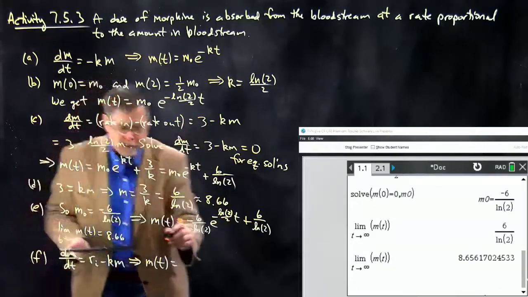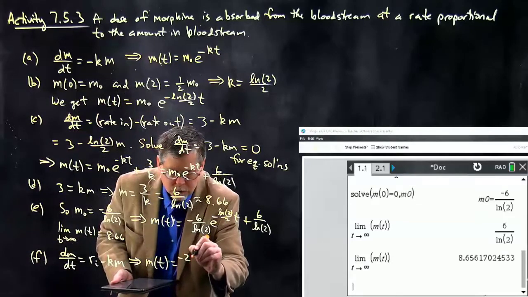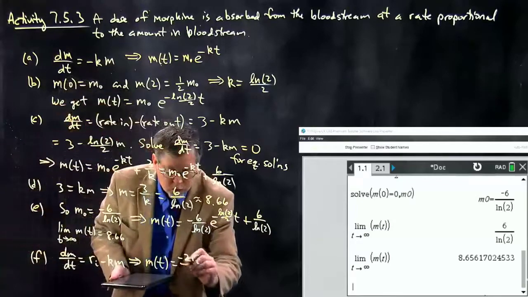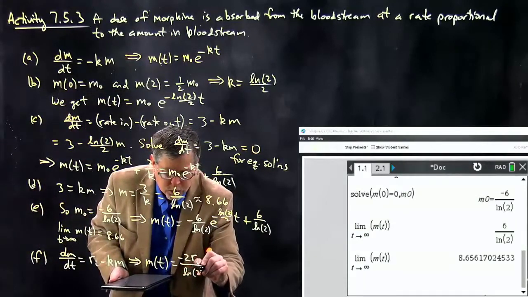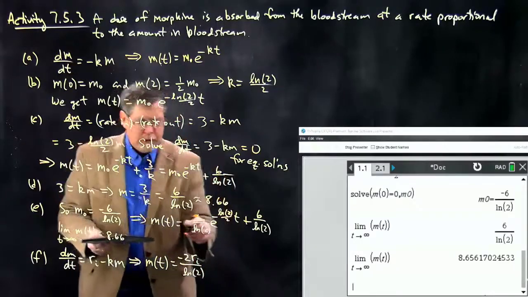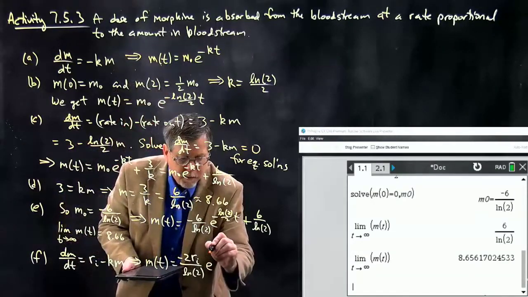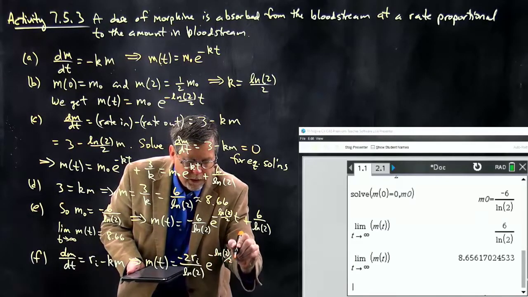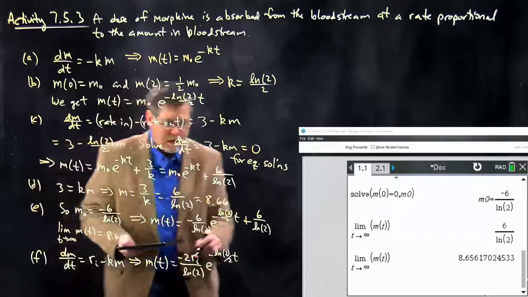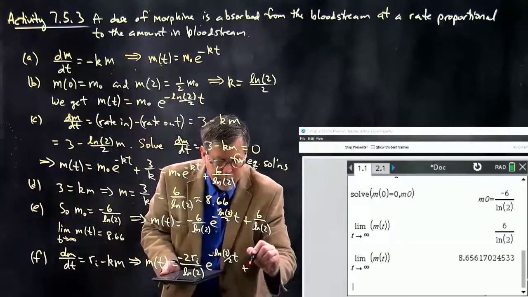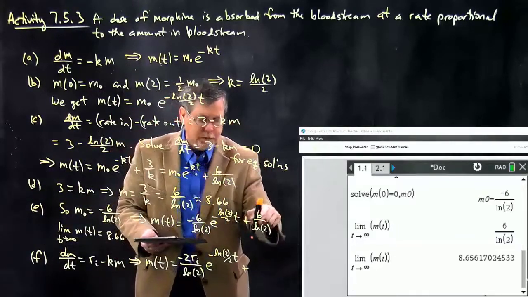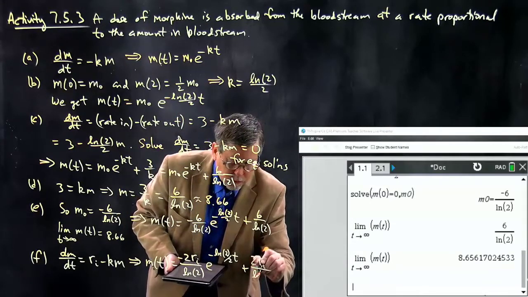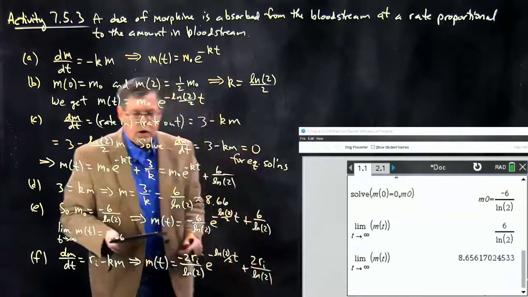So my M sub 0 here is just going to be minus 2 times my initial rate over log of 2, e to the minus, again, log 2 over 2 t, plus, this turned out to be 2 times my initial rate, all over log 2.